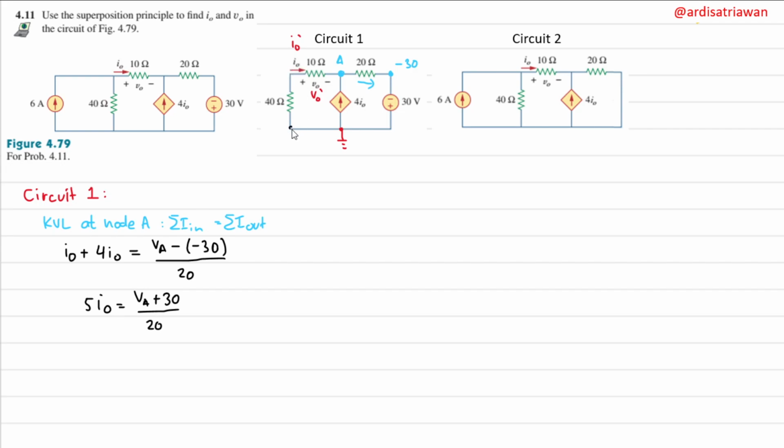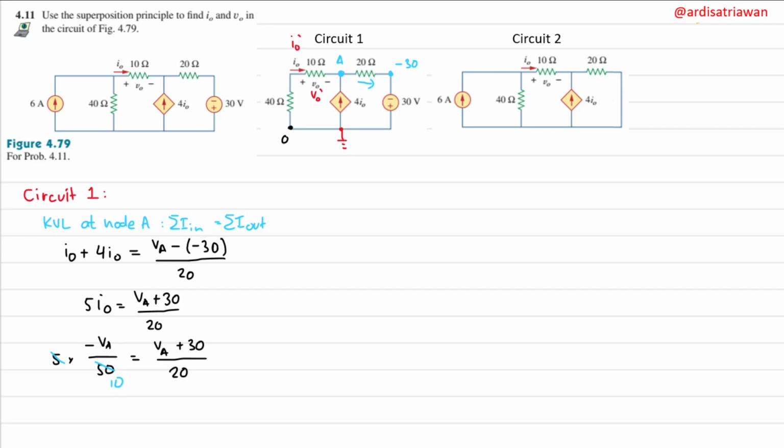I0 is this node minus VA divided by 50. I will have 5 multiplied by 0 minus VA, which is minus VA, divided by 50, and that will equal VA plus 30 divided by 20. Okay, now this 5 and 50 will cancel into 10.